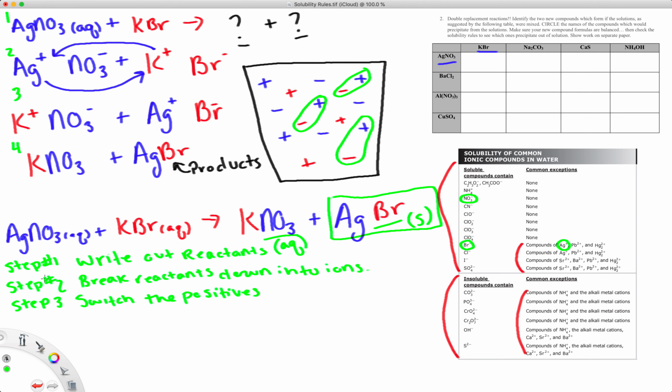Step 4 would be to balance the product formulas.